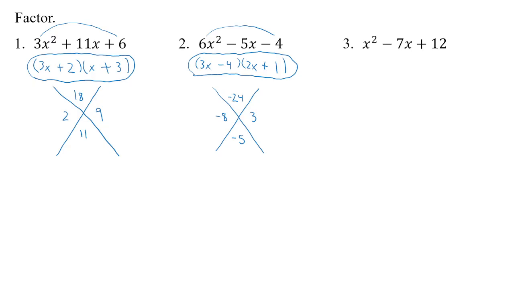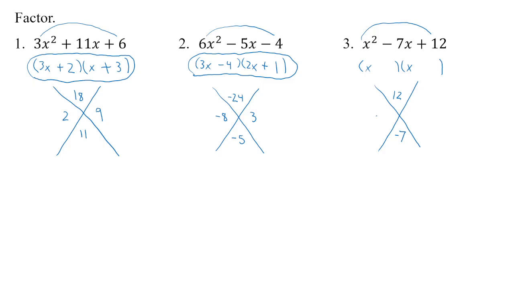Next, we have x squared minus 7x plus 12. Well, we know x squared is x times x. We're going to draw your big X. 1 times 12 is 12. -7 in the bottom portion. Now we're going to look for two numbers where you multiply to get positive 12 and add to get -7.